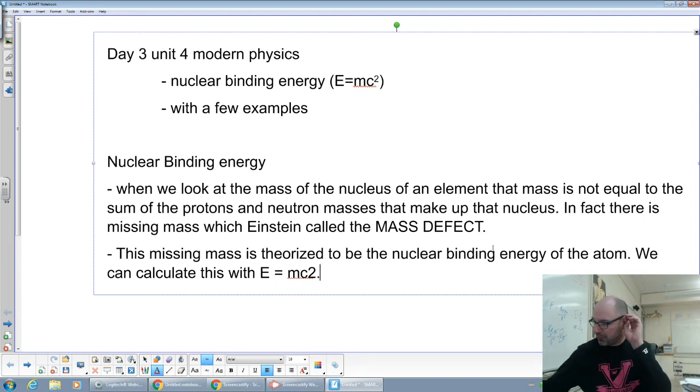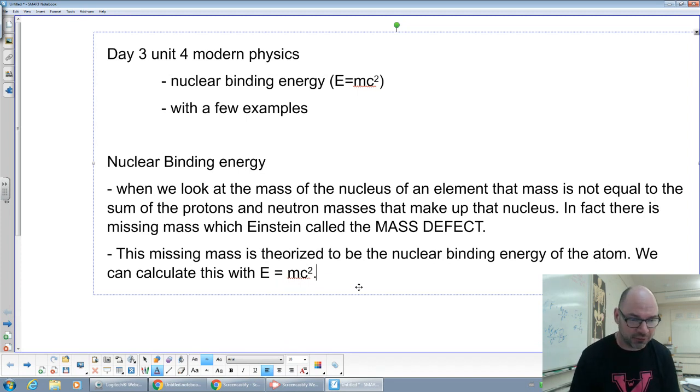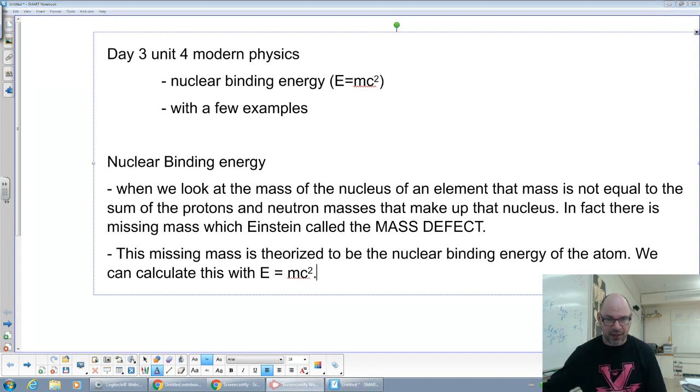So that's the famous energy equals mass times speed of light squared formula. We're going to do this manually with kilograms. So we'll do an example with carbon-14, which is a radioactive isotope that's used in radiocarbon dating, actually. So we're going to do that one as our example.